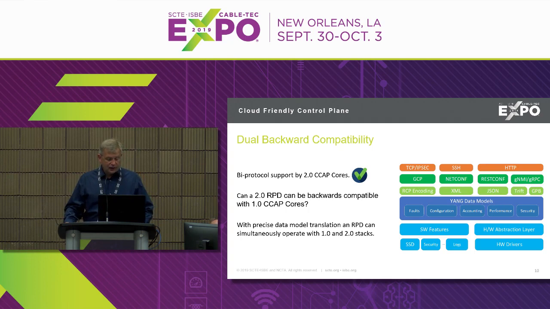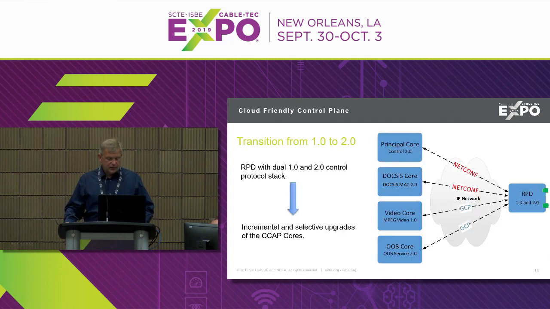And that feature allows a transition from 1.0 to 2.0, because that allows the operators to incrementally upgrade the CCAP cores in the system from 1.0 to 2.0, and perhaps even leave some of the CCAP cores at 1.0 level because they provide lower value functions and maybe they are slated for obsolescence.